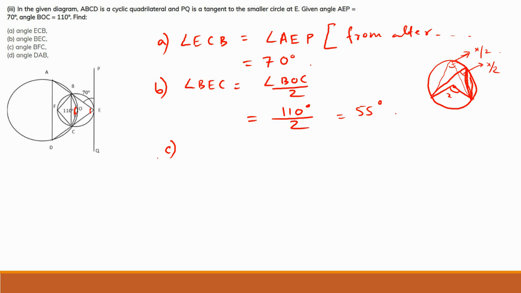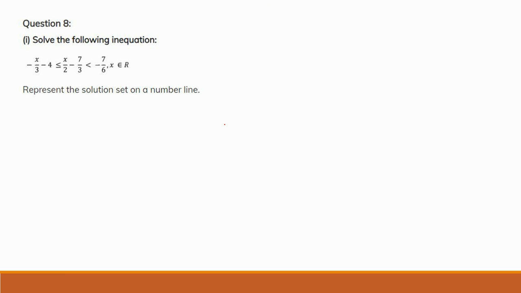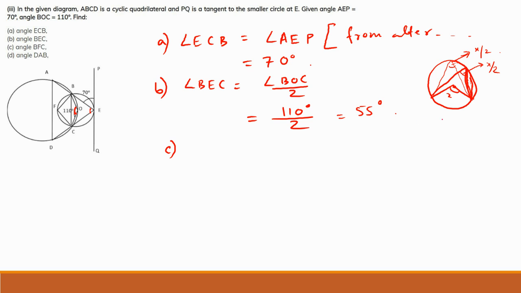See angle BFC. What is angle BFC? So let's say you see BFC, right? It doesn't matter where it forms, it's forming the same angle, right? x by 2, x by 2. So similarly, BFC should be equal to angle BEC basically.